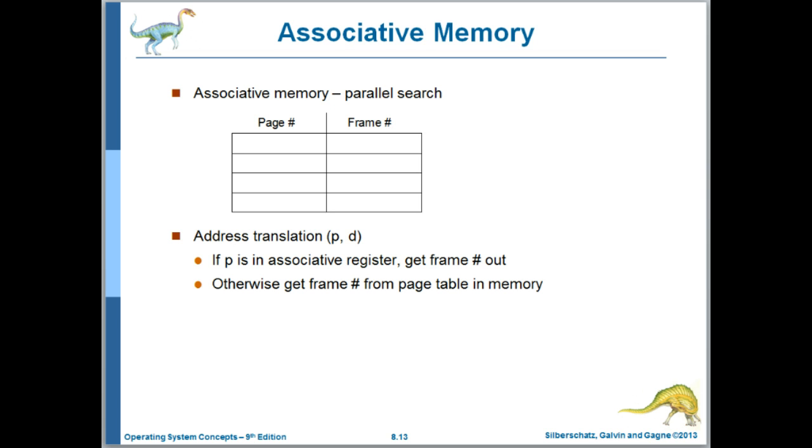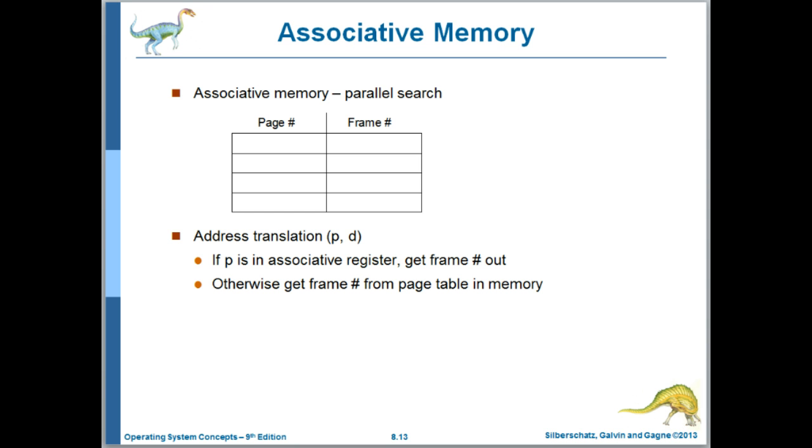TLB specifically and caches in general are a form of associative memory. So rather than providing an index with an associative memory, you provide part of the content, and then all of the memory cells are searched in parallel for the rest of the content.